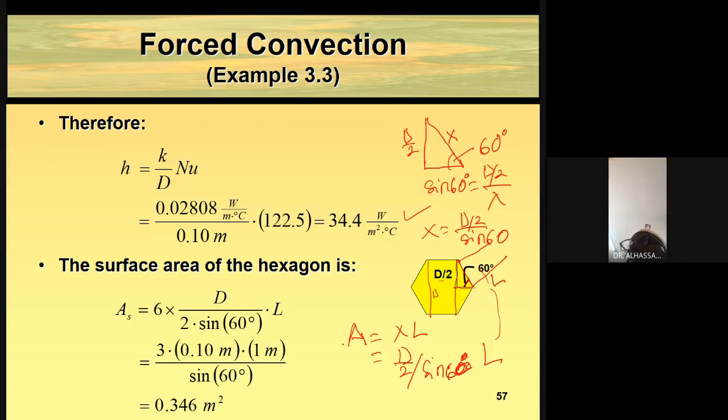So the final equation is this: we multiply by 6 and then times this area. That gives us the total surface area.